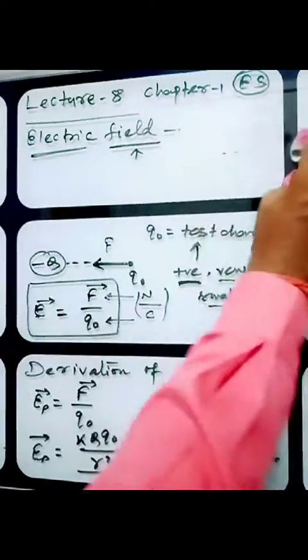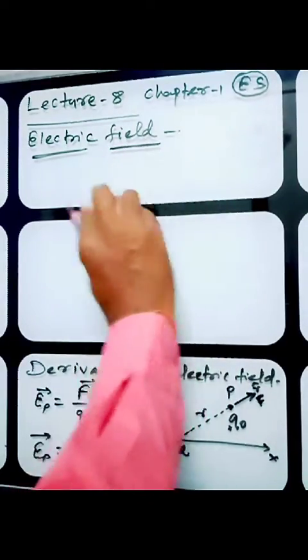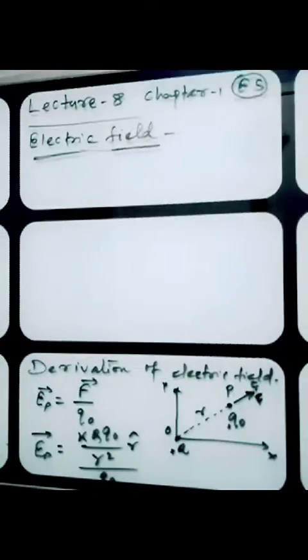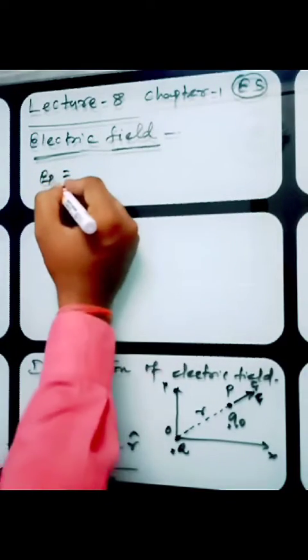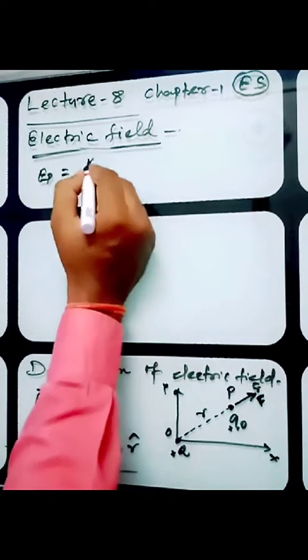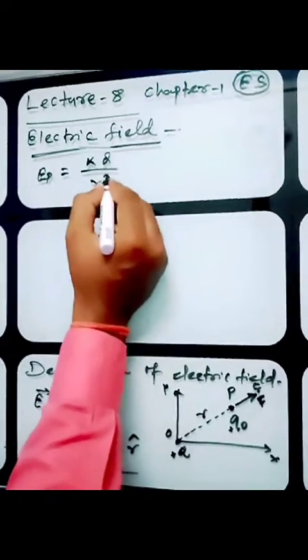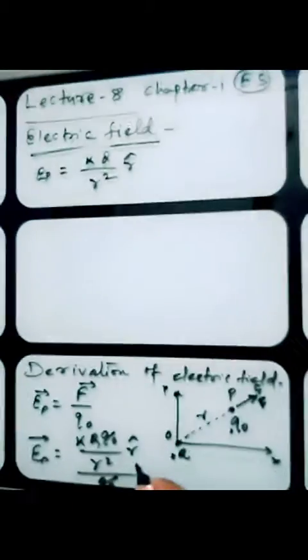Now students, you can write here E_P, that is the electric field, equals, Q naught will be cancelled out, KQ over r square and the unit vector r cap.